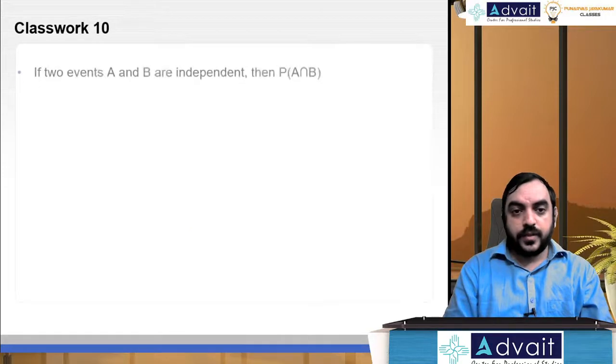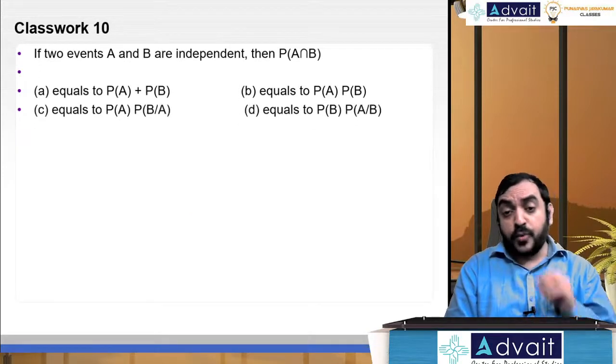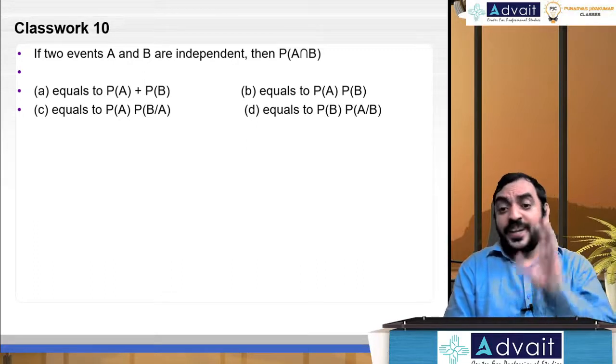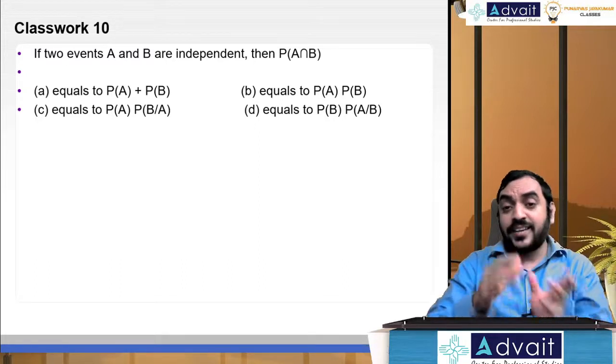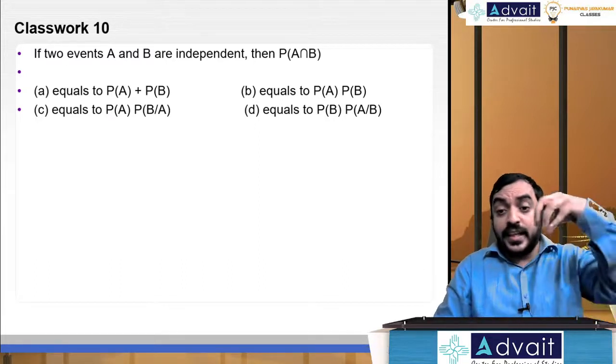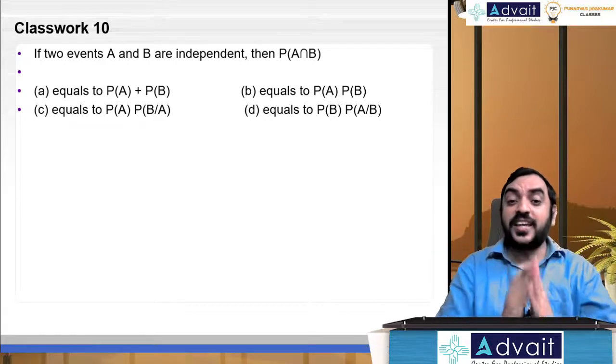Next, if two events A and B are independent, then probability of A intersection B equals, for independent events, one event does not impact another event, then the intersection can be calculated by multiplication.